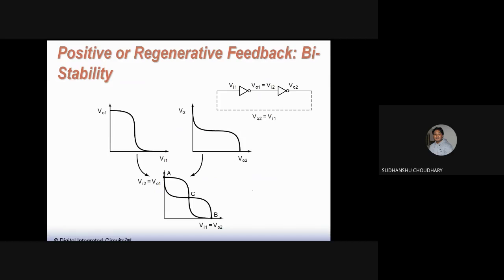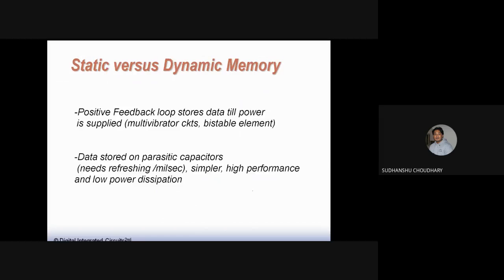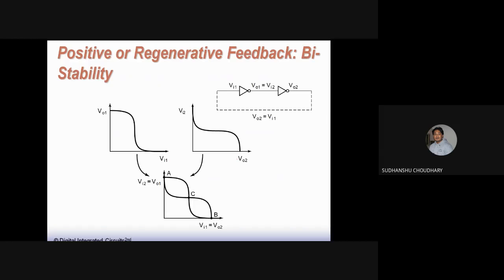Now let us talk about utilizing the same concept, positive feedback, in making a memory element, right? Some time back we discussed what positive or regenerative feedback is. The same concept is being used here to create a memory element. So for example, this is my memory element.